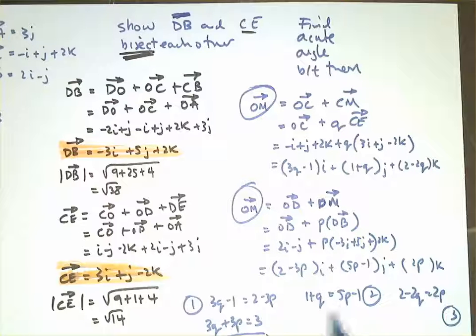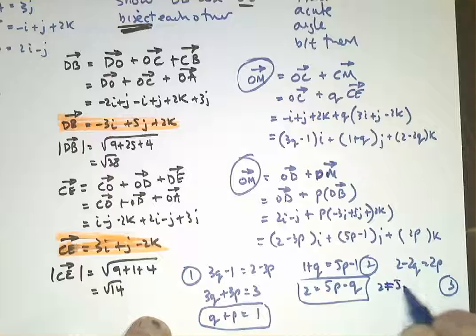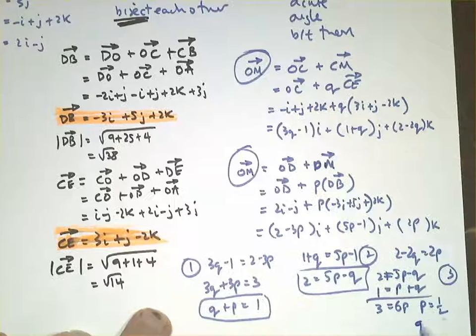And rearranging this one, I get 2 equals 5P minus Q. And since I have two equations with two unknowns, I can add this equation to this equation to get 2 equals 5P minus Q and 1 equals P plus Q. Add them together, 3 equals 6P, P equals a half, and because P plus Q equals 1, Q equals a half, and because they're both equal to a half, therefore the lines bisect each other.